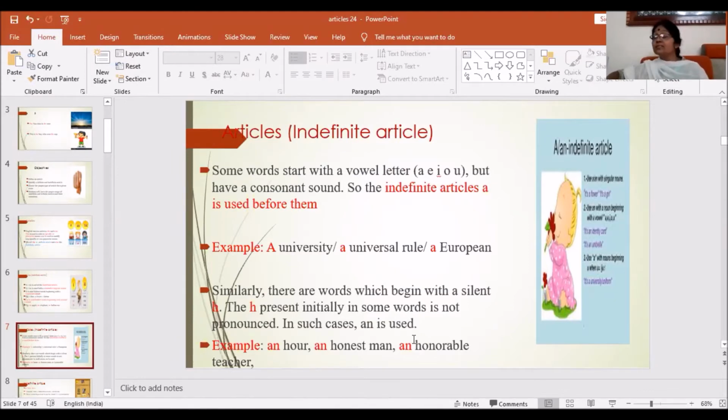It's not giving the H sound. And here also, university is giving a U sound, universal, European. So they're not giving the vowel sound. Vowel sounds are A, E, I, O, U. So these sounds we should get, right?